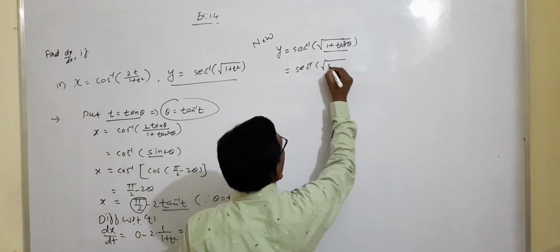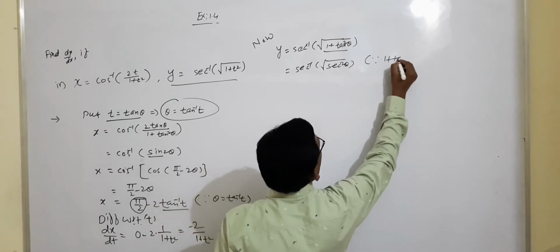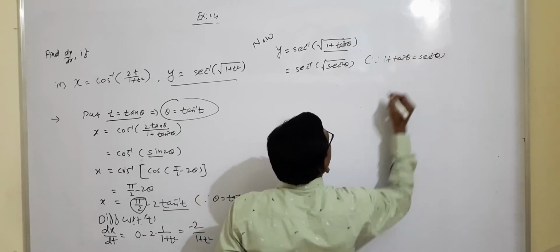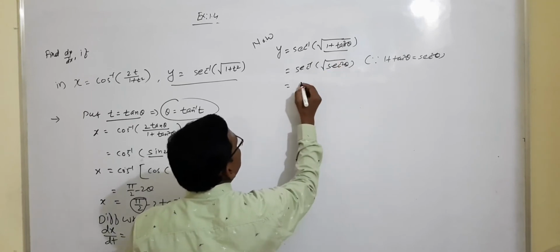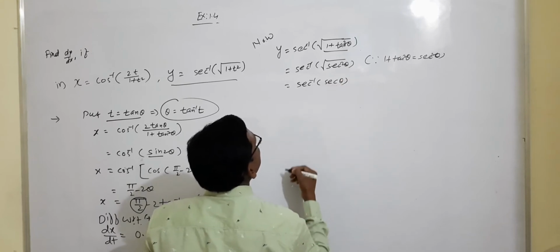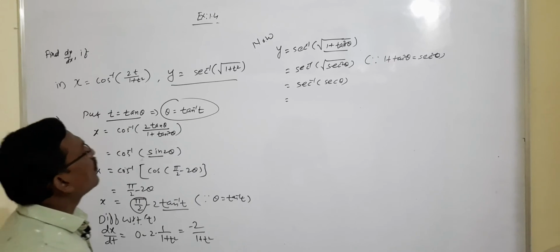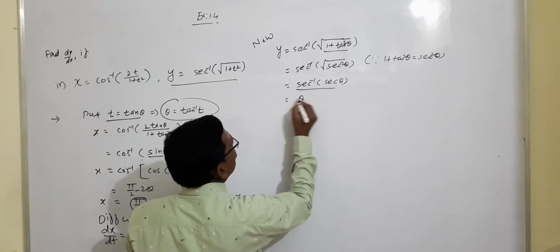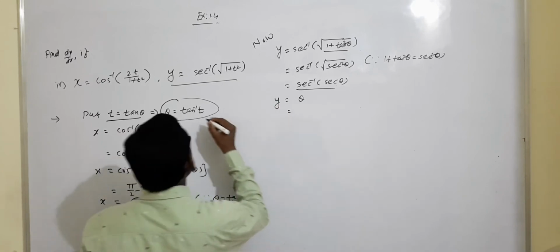It is root of sec square theta. Square and square root cancel. That's why it is sec inverse of sec theta only, and by using the property again, sec inverse of sec theta is theta only. This is y, but theta is tan inverse of t.